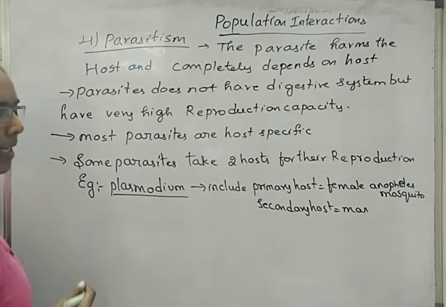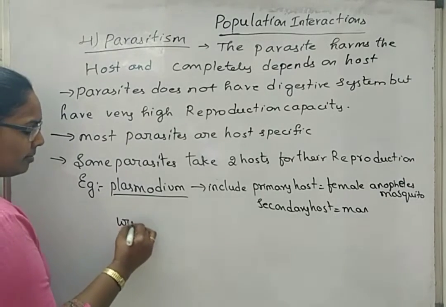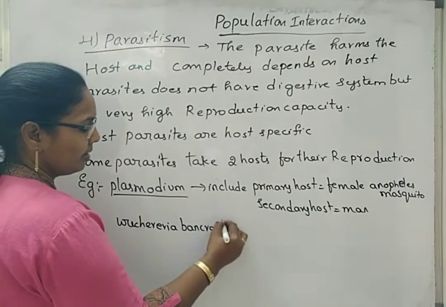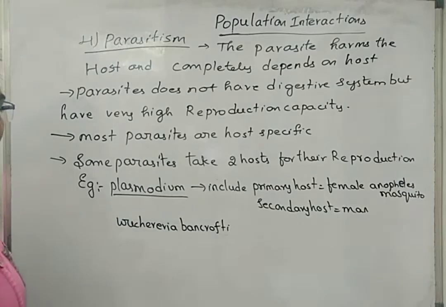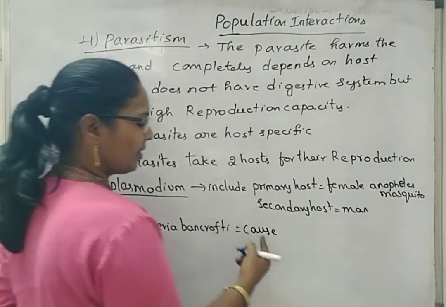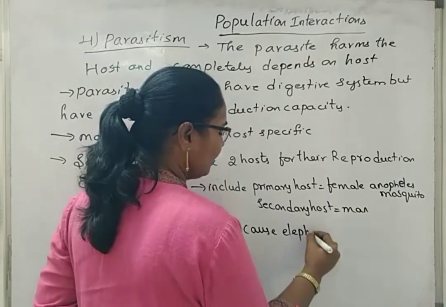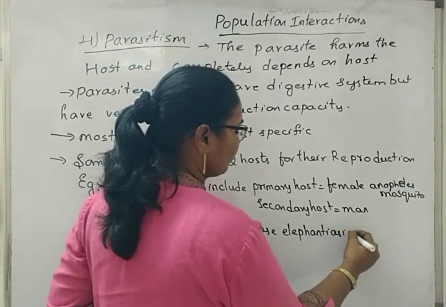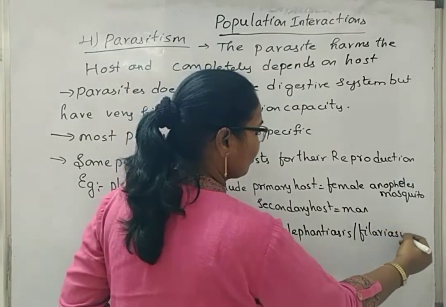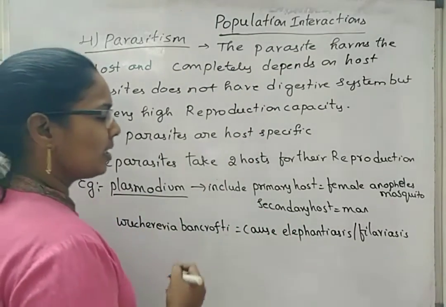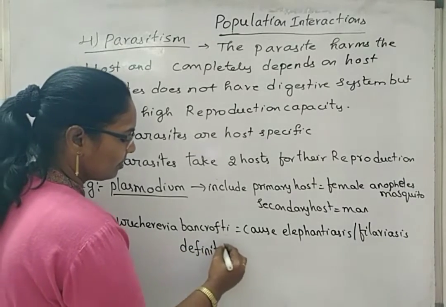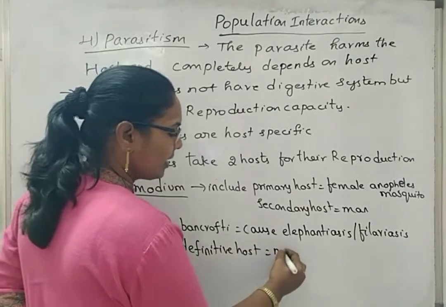Another one, Wuchereria bancrofti. This one causes elephantiasis, just as Plasmodium causes malarial fever. It causes elephantiasis or filariasis. Here the terms will be changed a little bit. It includes a definitive host, that is man.